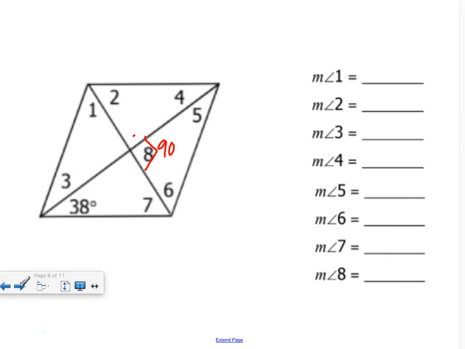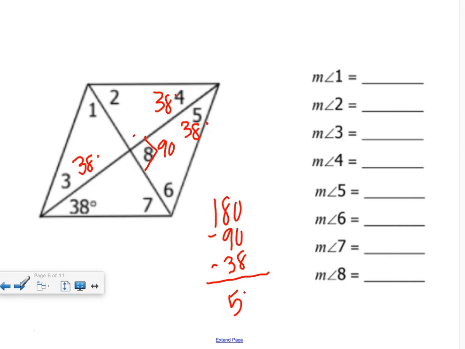And what other angles are 38 degrees? 3, 4, and 5. Perfect. How can I find angle 6? 90 plus 38. And then subtract that from 128. Yep. So what do we get for our final answer? 52.